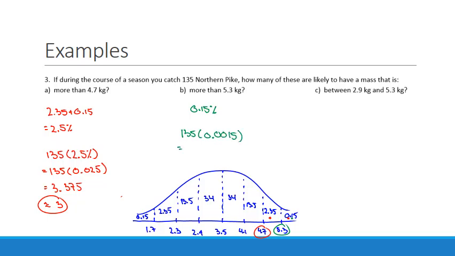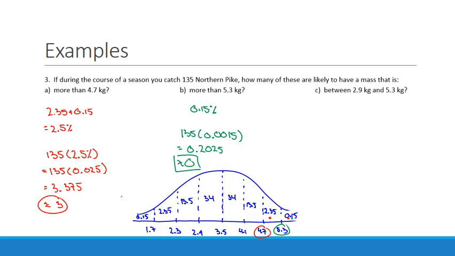If I times that 0.0015 by 100, I get back to 0.15. So what does that equal? 0.2025. Now, if I was to round that, I would round to 0. So I wouldn't expect any of my fish to actually be more than 5.3.